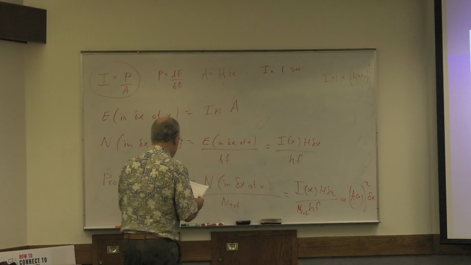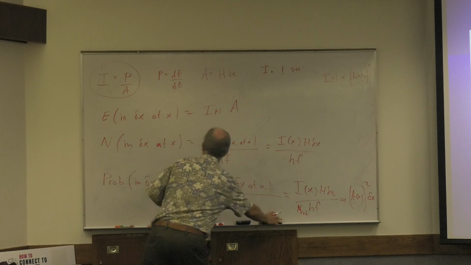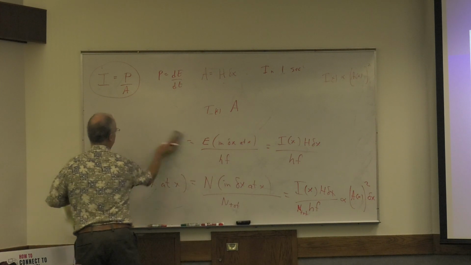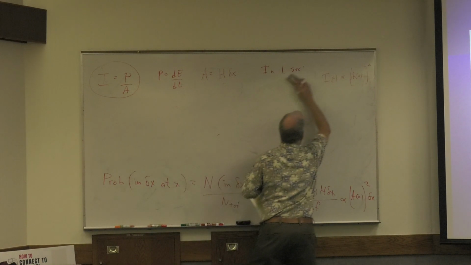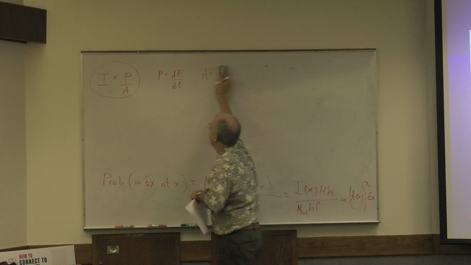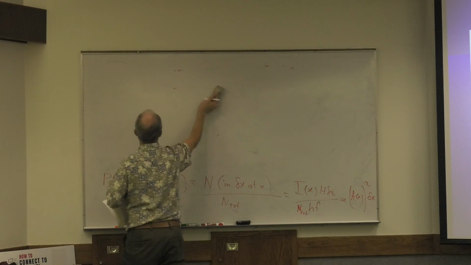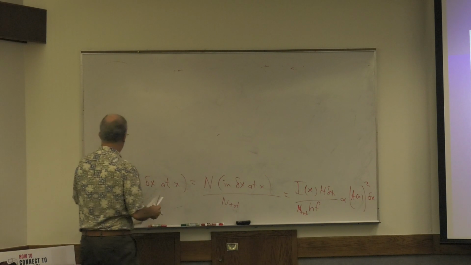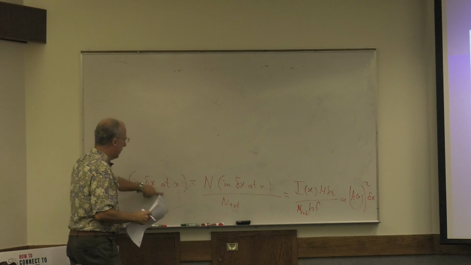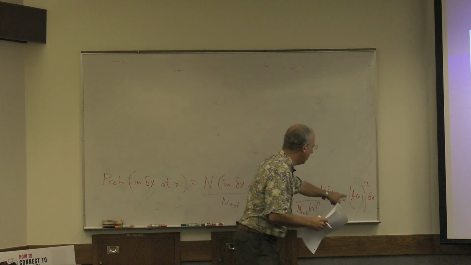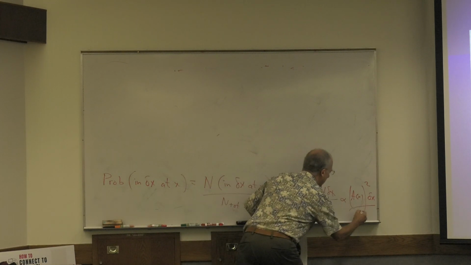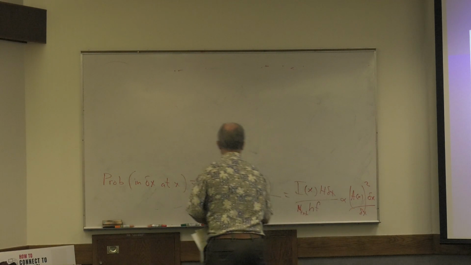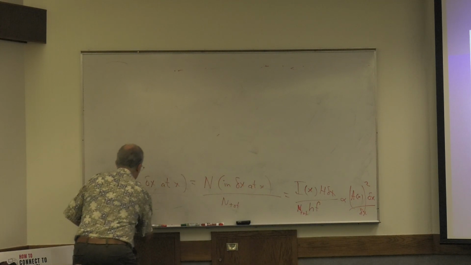Okay, now I got to erase some stuff. So I have the probability in delta x at x is proportional to A_x squared delta x. I'm going to divide this by delta x, and I'm going to divide this by delta x.